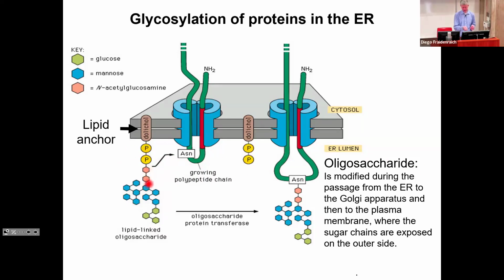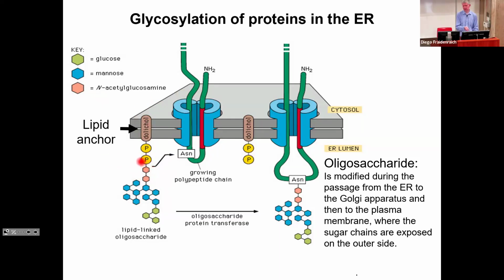and it contains multiple different sugars like glucose, mannose, modified glucose. So in a certain way, this oligosaccharide is established, and first it's linked to a lipid anchor, dolichol.